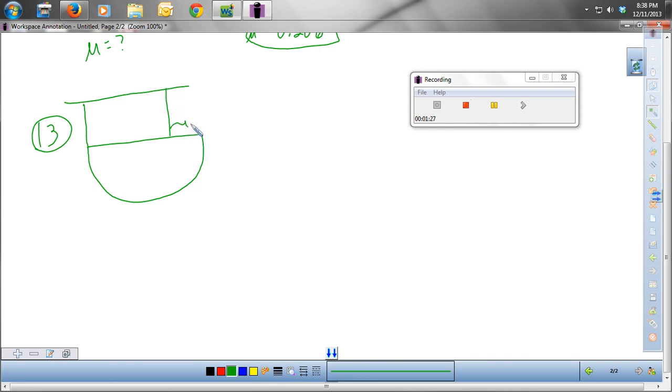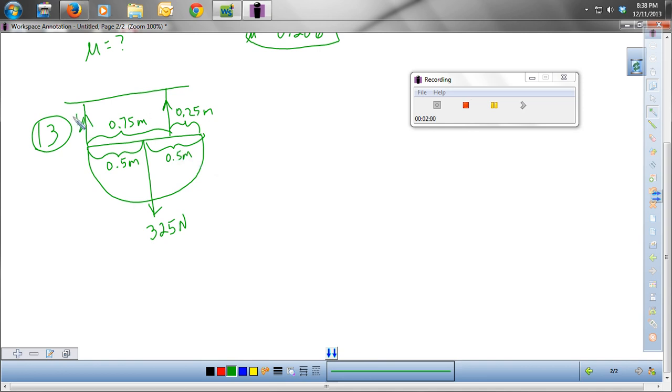From here to here is 0.25 meters, and from here to here is 0.75 meters. They want to know what is the tension in each of the wires that supports the sign. Well, the sign has a uniform weight of 325 newtons. So from here to here is a half a meter, and from here to here is a half a meter.